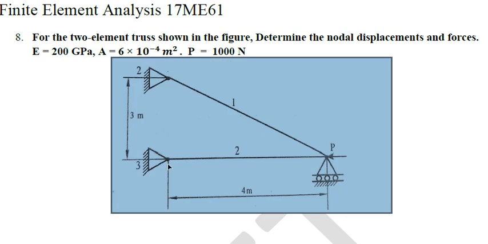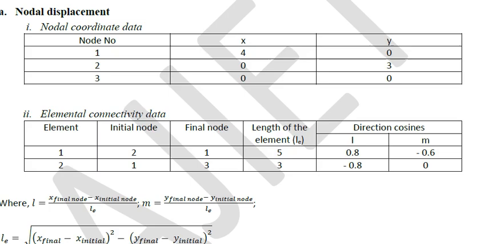This is the coordinate point 0, 0. This is 4, 0. This is 0, 3. So node 1 is at coordinate 4, 0. Node 2 is at coordinate 0, 3. Node 3 is at coordinate 0, 0. These are the coordinate values.